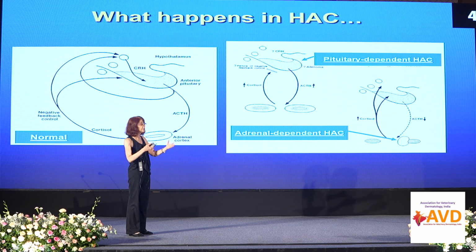These tumors are typically small microadenomas. They can become larger, in which case these dogs can have neurologic signs because of the larger tumor, but this is rare. Most of the time they are small, functional tumors that constantly secrete ACTH.